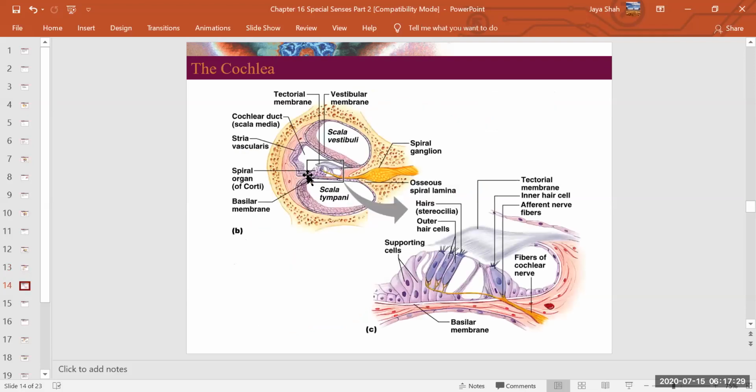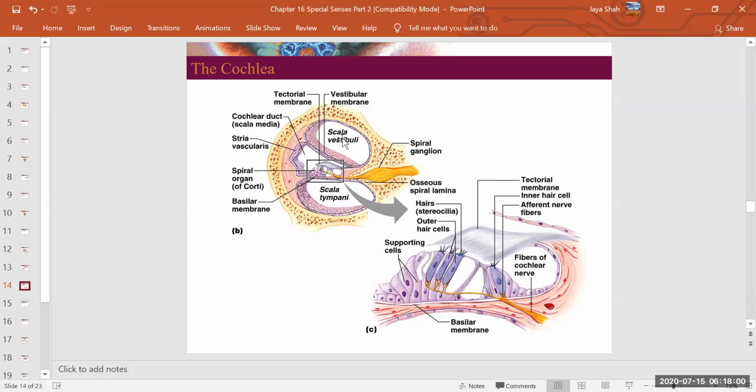If you magnify the spiral organ of Corti and see how it looks, you have the basilar membrane, then the spiral organ of Corti, and you have hair cells. These receptors have their plasma membrane extended, and these are called hairs or stereocilia. There are outer cells and inner cells, and the tectorial membrane lies over them.